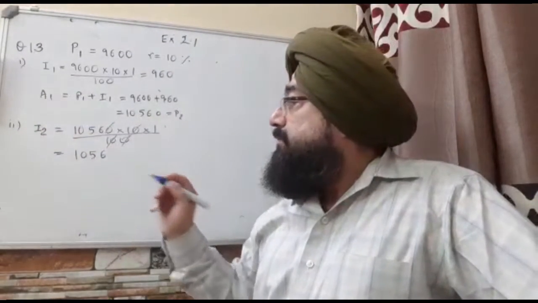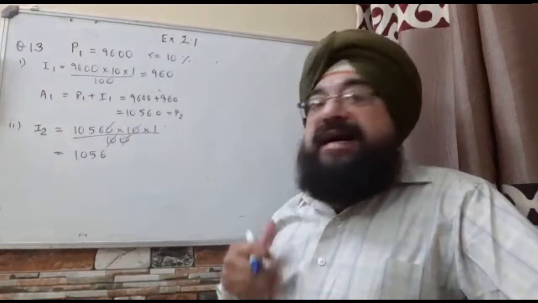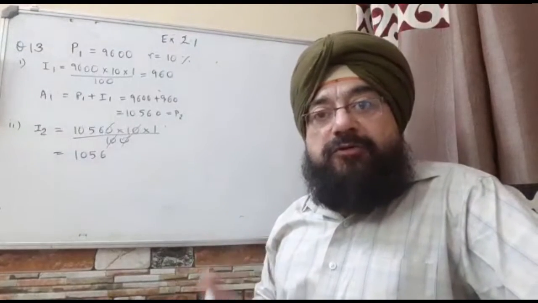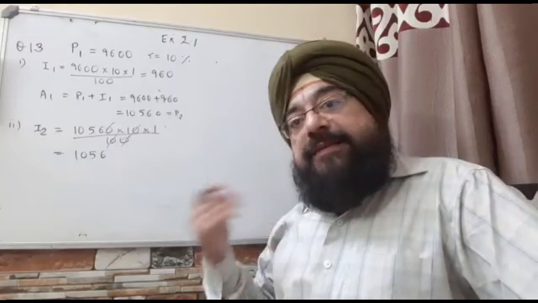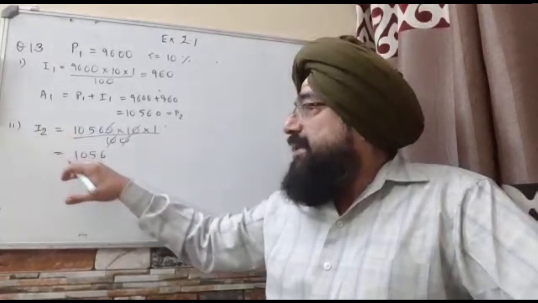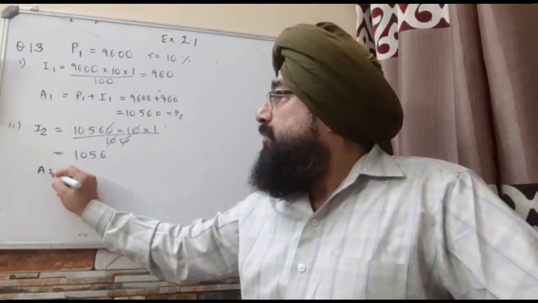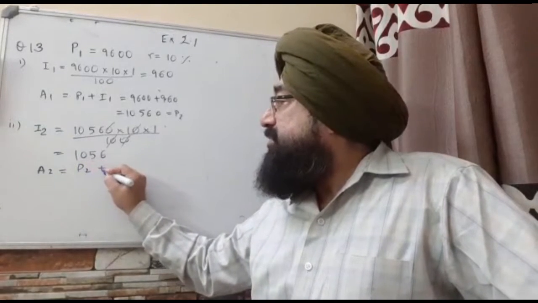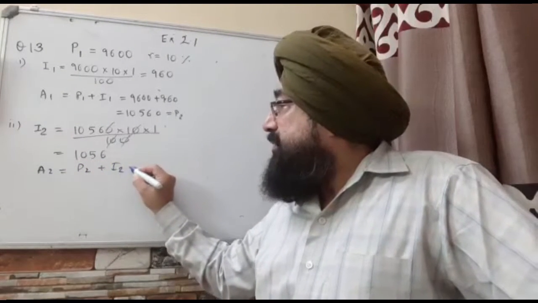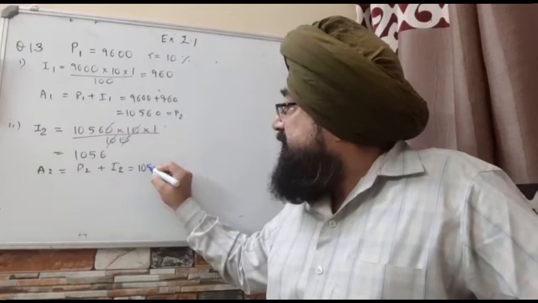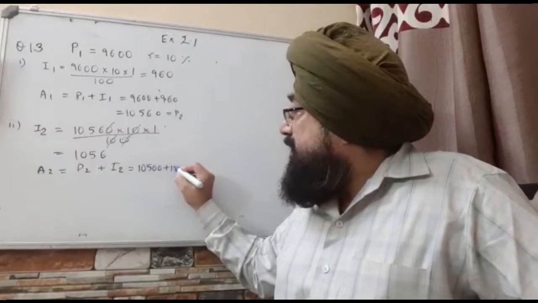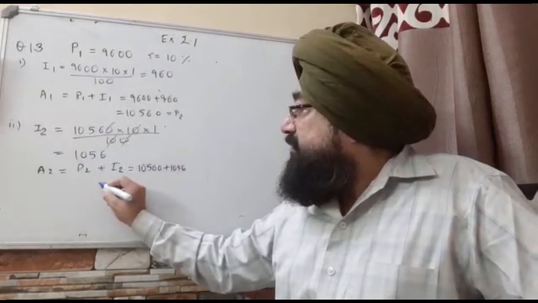So can it be I1 plus 10% of I1? Yeah, it can also be. It can also be done by I1 plus 10% of I1 to calculate I2. So therefore, now your A2 becomes P2 plus I2, and that becomes equal to 10560 plus 1056, and that comes out to be how much?